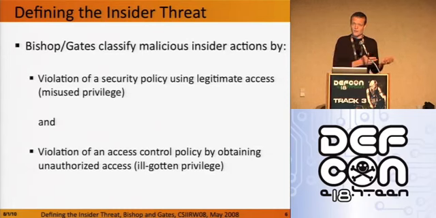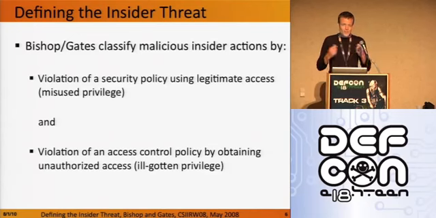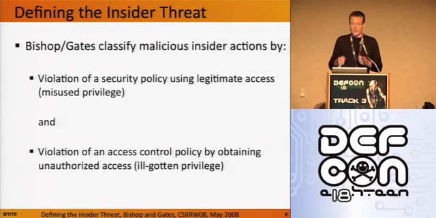The other class we're interested in are insiders who gain some access that they're not supposed to have. So they're supposed to have a user login that would let them query their own account in LDAP. They hack into the system and gain access to an admin login that can update all the records in LDAP. That's gaining more access than they were intended to have. So you can take legitimate access and do illegitimate things, or you can gain ill-gotten, illegitimate access, and do more than you're supposed to be able to do with it.